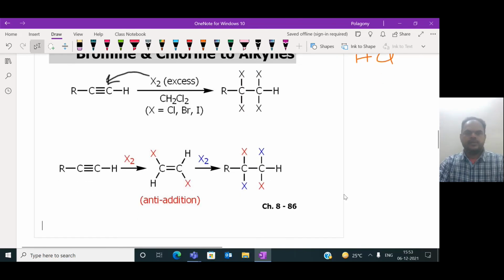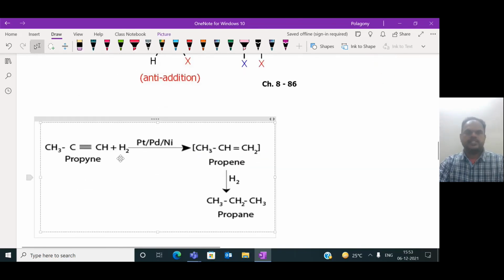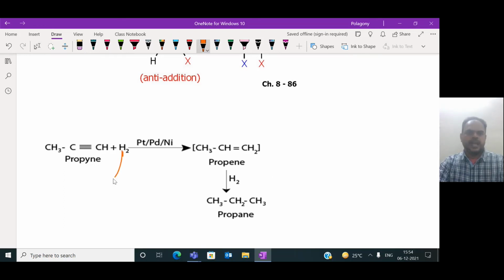The first electrophilic addition reaction is hydrogenation, and in this process the hydrogen molecules are added to the triple covalent bond. For example, this is propyne, CH3 C triple bond CH. When hydrogen is added to this triple bond in the presence of platinum, palladium, or nickel, we get propene. The propene is further subjected to hydrogenation, and then we get propane.